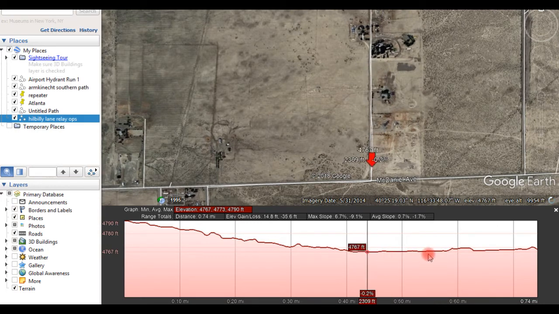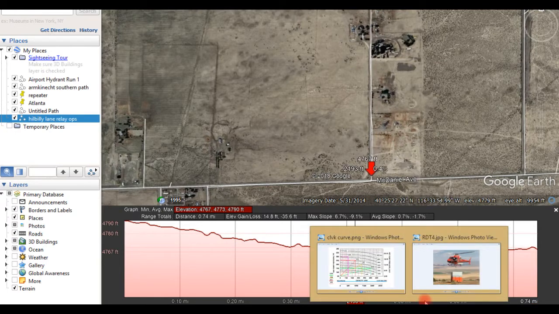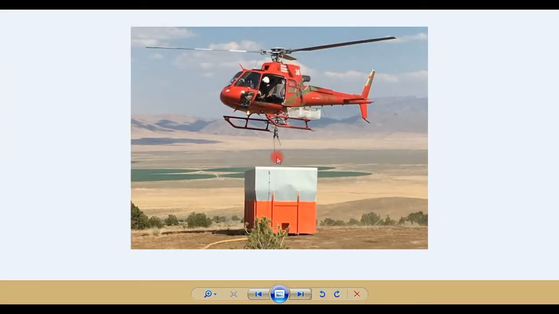So if you've got an engine at any point in here, especially down at the end when you're attacking a structure fire, depending on the size of the structure and its percentage of involvement, according to the National Fire Academy formula that establishes minimum flow in gallons per minute, you could end up having the same or similar amount of flow as when you get back to a helicopter with a bucket.